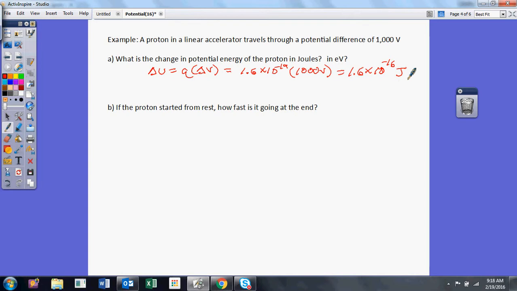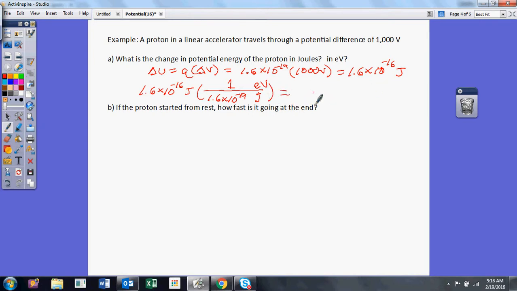If I wanted that in electron volts, I know that 1.6 times 10 to the negative 16th joules, I'm going to do the factor label method here. I want joules down here, and I want electron volts up here, and I know 1 electron volt is equal to 1.6 times 10 to the negative 19th joules.